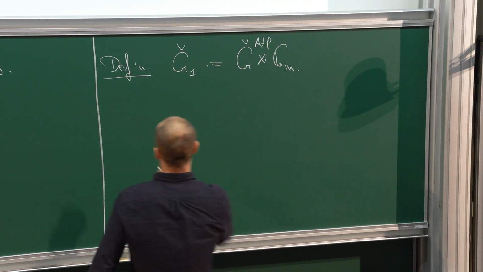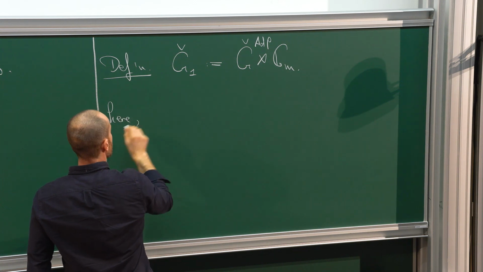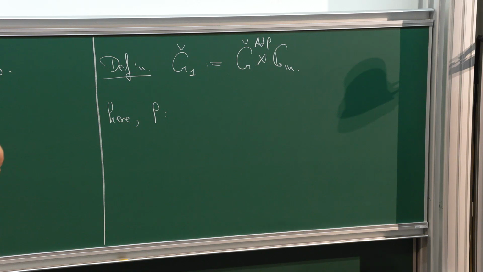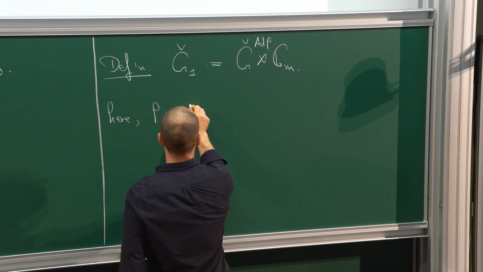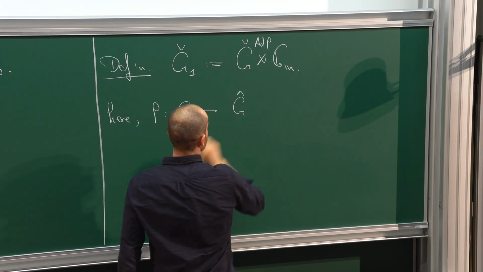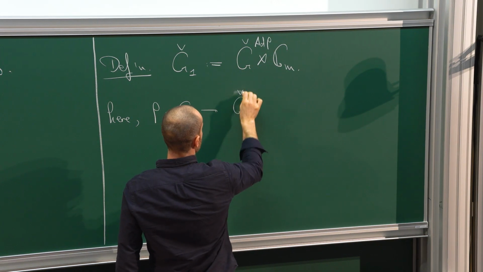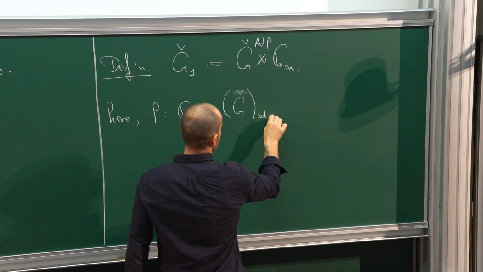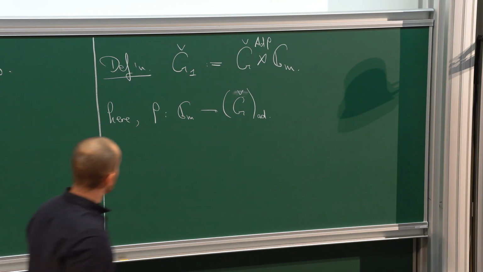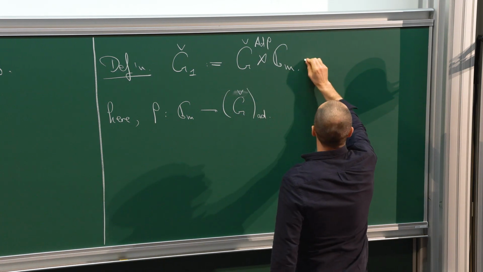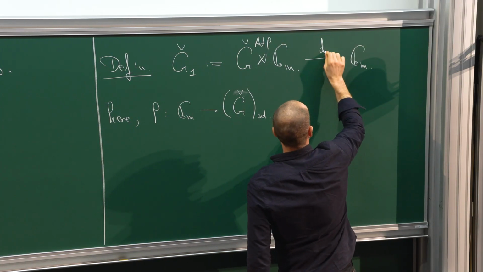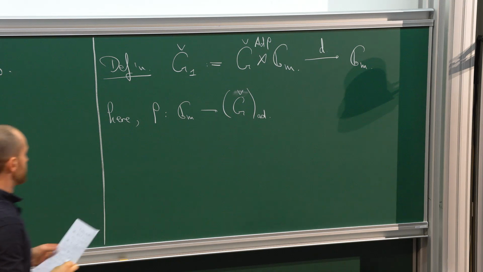Here rho is the half sum of the positive roots in G, and we regard this as a character; it doesn't land in the dual group, but in the adjoint of the dual group. And then you can act on the dual group by conjugation. And this group comes with a map to G_m, and let me just denote this map by D.